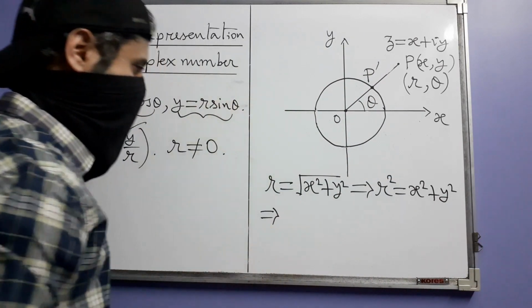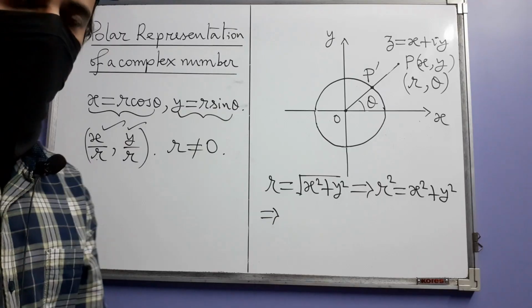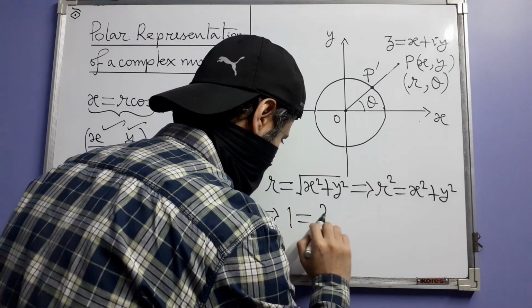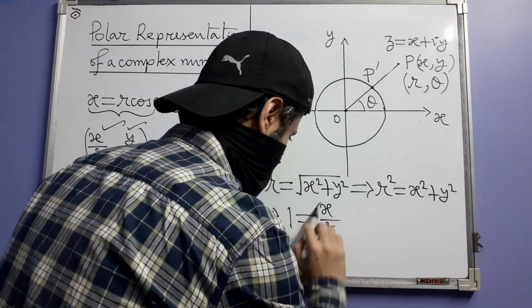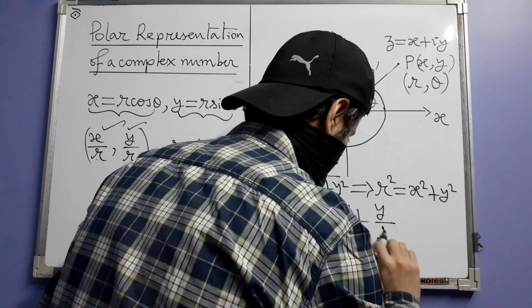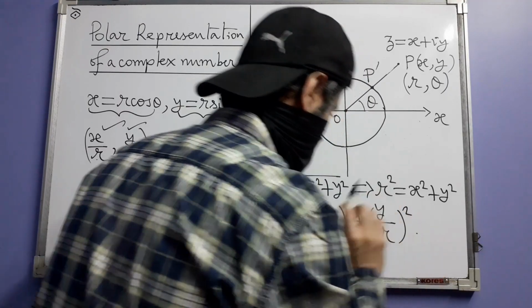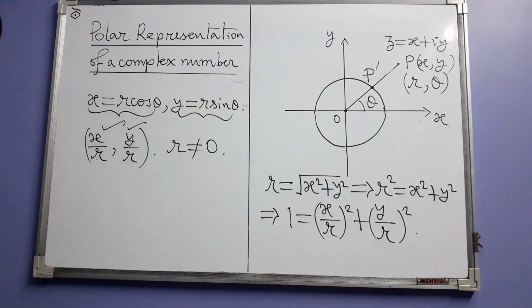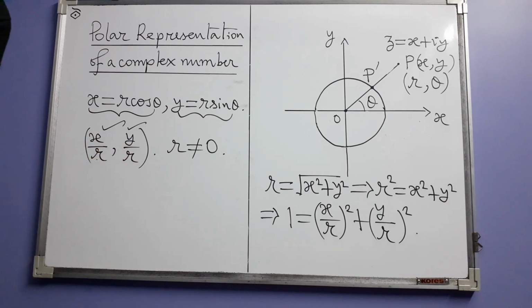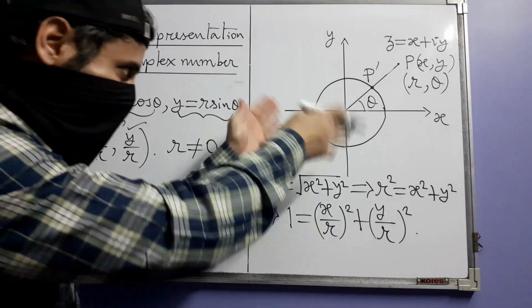Now if I divide on both sides by r square, then I am going to get 1 equal to x squared divided by r square plus y squared divided by r square. So we see that the point x over r comma y over r lies on that unit circle.